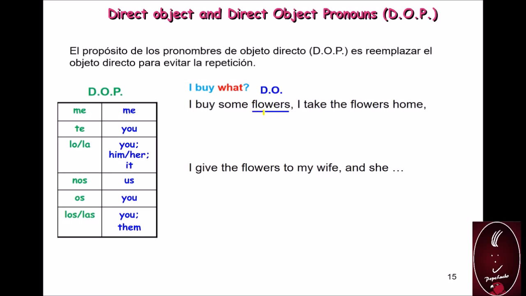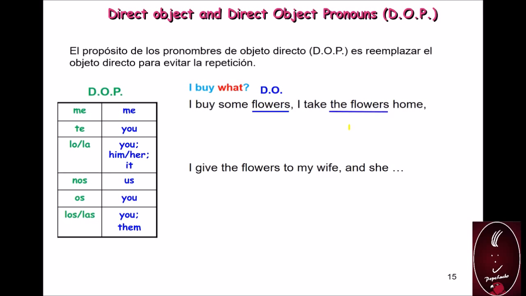So we can see here the direct object, and we have direct object pronouns. The purpose of those direct object pronouns is to replace the direct object to avoid repetition. So I'm going to replace the direct object that we can find in the rest of my sentences with one direct object pronoun to avoid repetition.